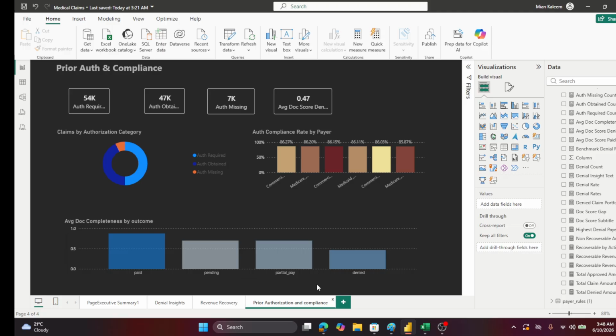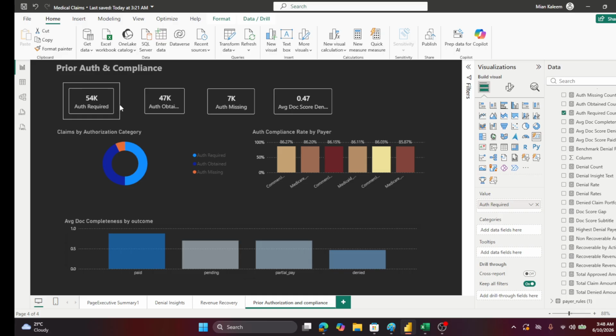There were 54,000 cases where authorization was required, and about 47,000 cases where authorization was obtained, and 7,000 of these where authorization was missing. Average documentation score 47% denied.